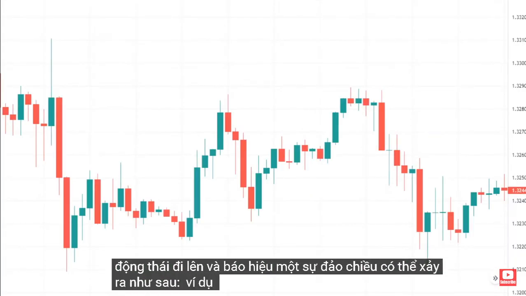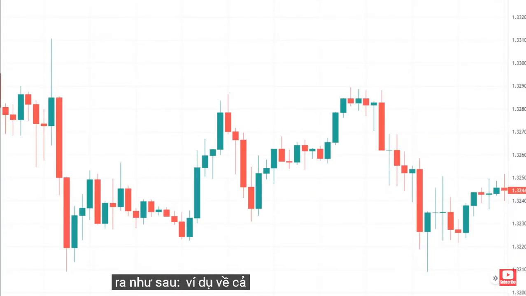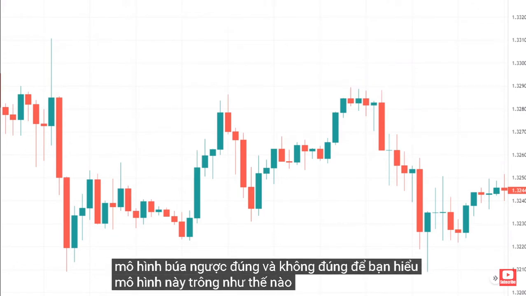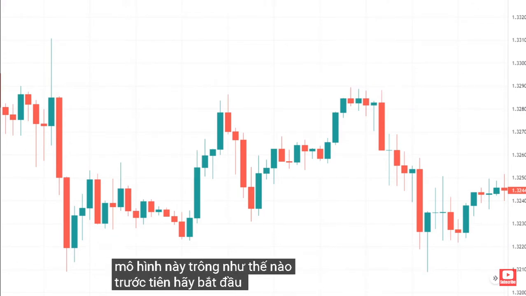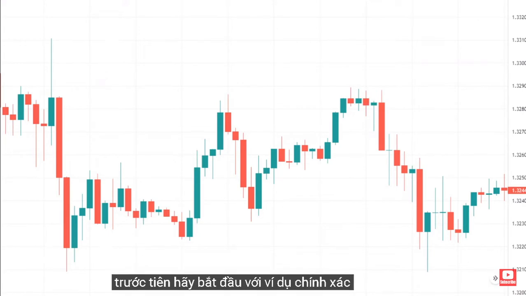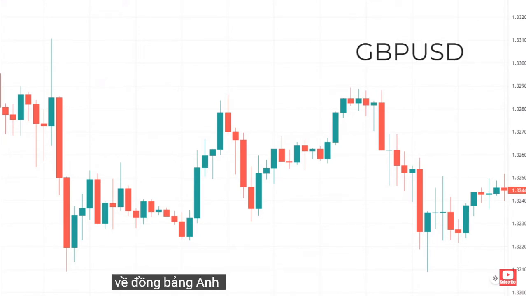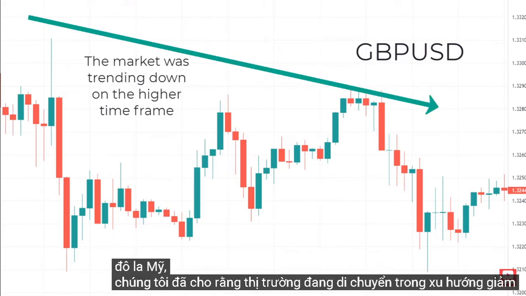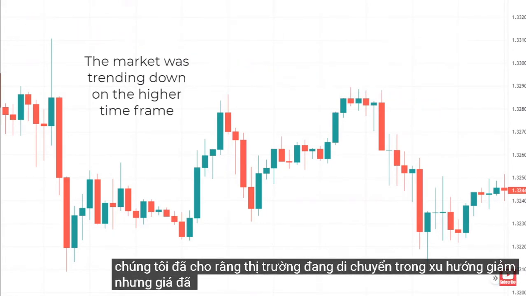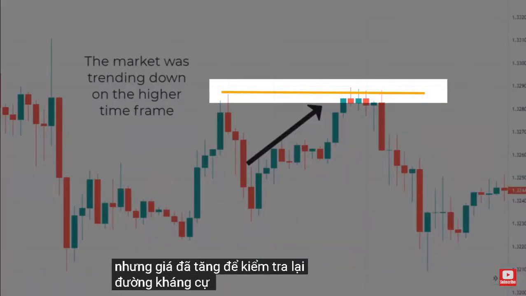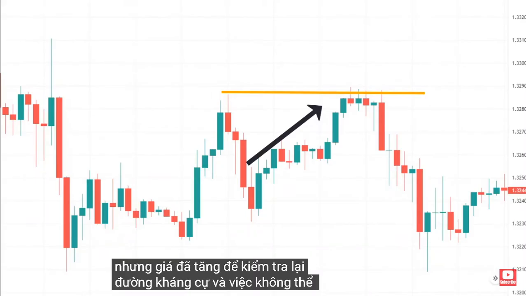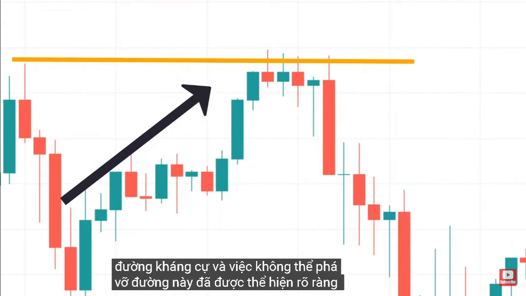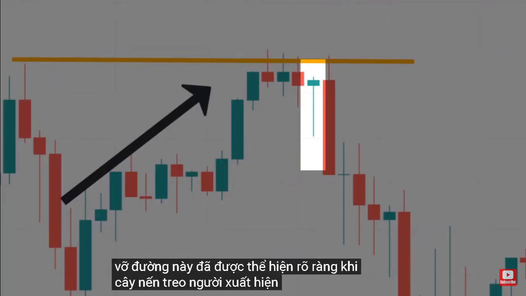The following are examples of both correct and incorrect inverted hammer patterns, so that you understand how this pattern should look like. First, let's start with the correct example. On the British pound against the US dollar, we had the market moving in a downtrend, but the price went up to retest a resistance line, and the failure to break the line has been made obvious once the hanging man candle appeared.